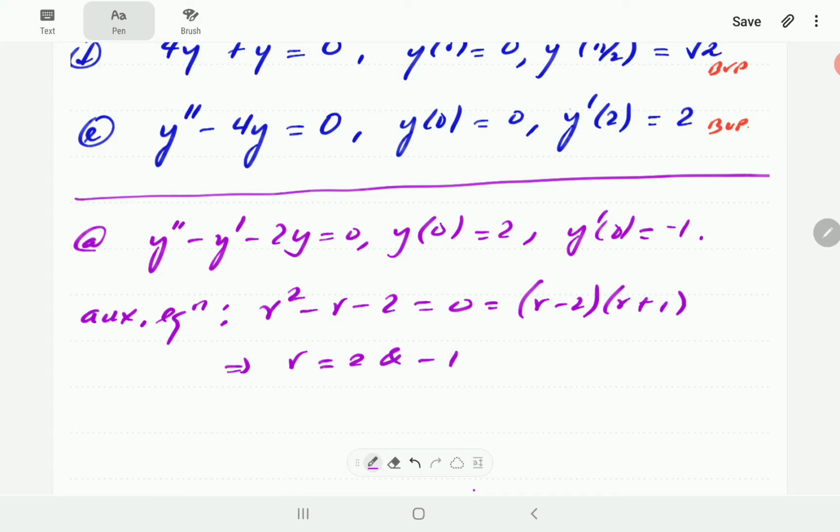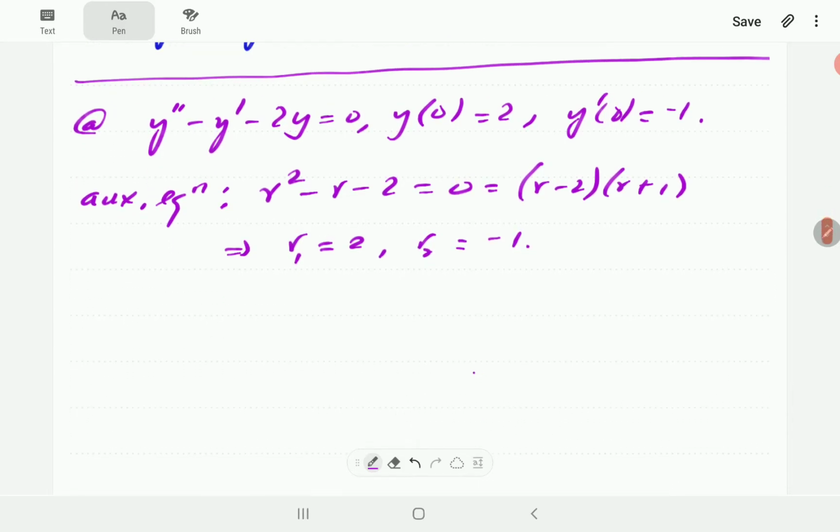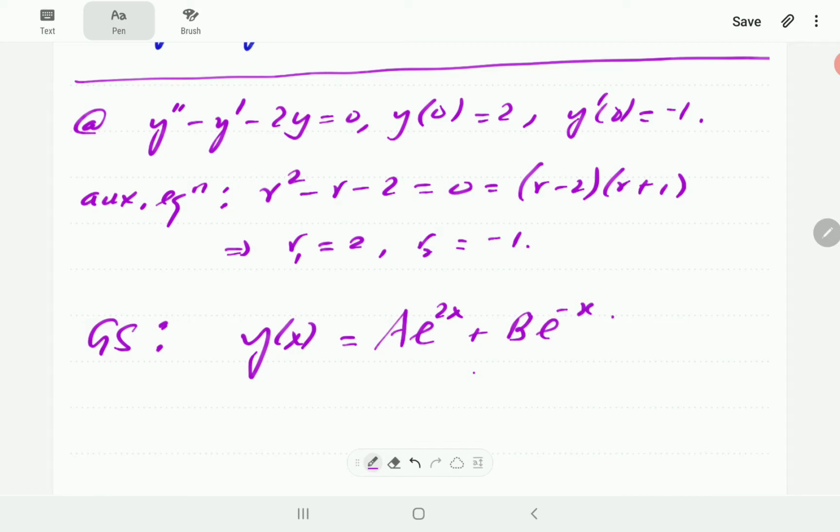Let's write them like this for consistency: that's r1 and that's r2. So this tells us that the general solution is going to be A e to the 2x plus B e to the negative x.